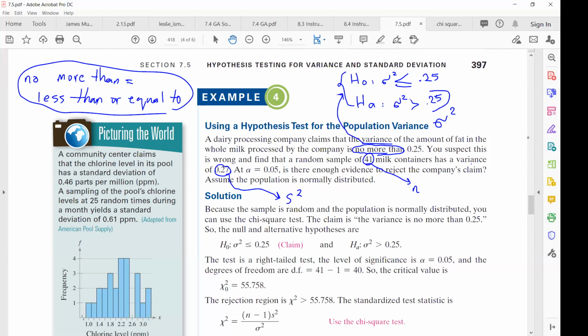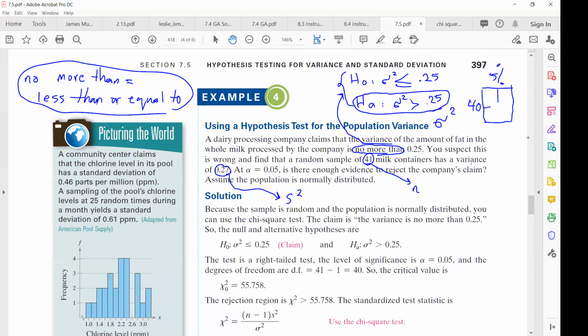The graph is a right-tailed graph because your alternative hypothesis is greater than. Since it's greater than, we don't do any specific algebra. The degrees of freedom is equal to 40, and your alpha is 5%. Since we are working with variance, we have to use the chi-square table.